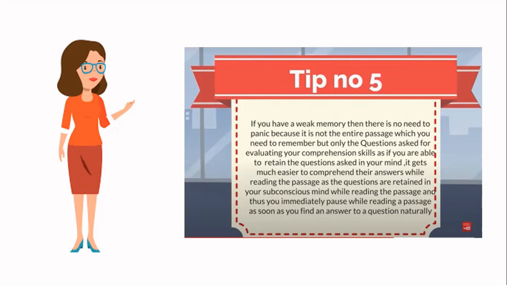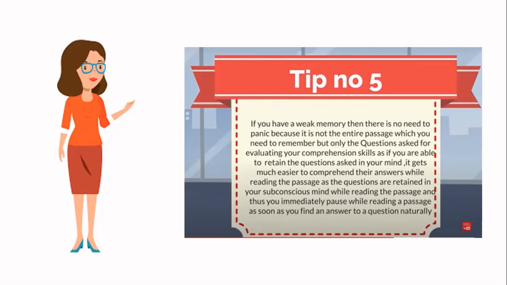So, after you read the paragraph once, read it again twice to be sure. Then read the questions. And after that, again read the paragraph because if you are able to retain those questions in your mind, it will get very easy to comprehend their answers when you're reading the passage again because the questions are retained in your subconscious mind for a very longer duration.